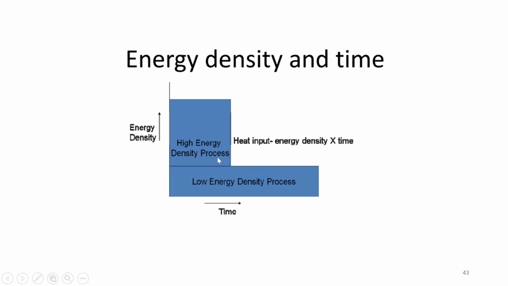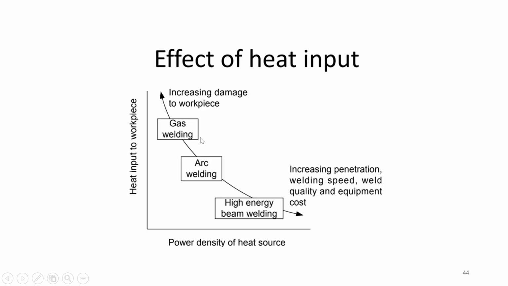So if you have a welding process which is low energy density, then you will have to provide extra time, and if it is high, then you have to provide less time. Also heat input for these methods is given.